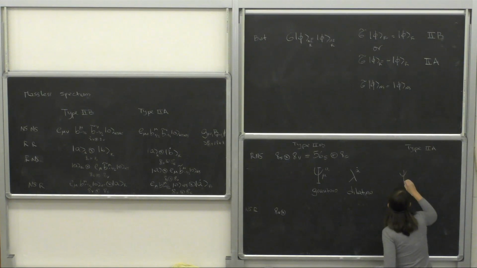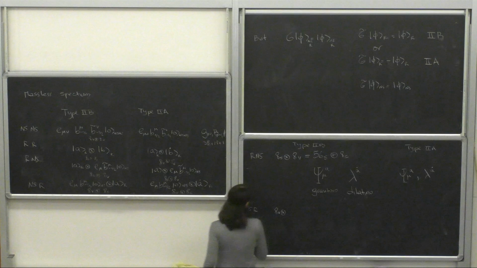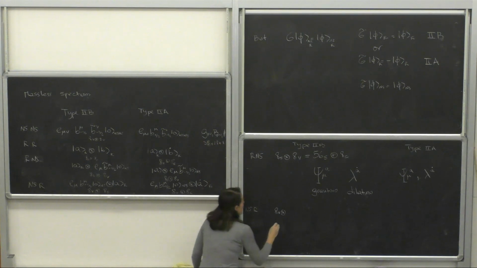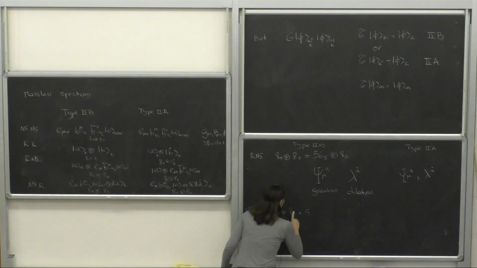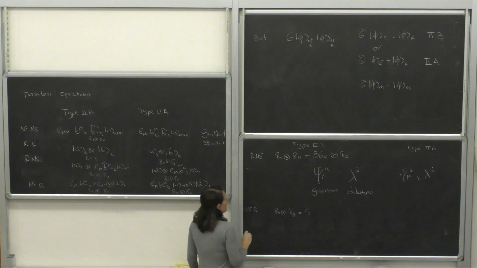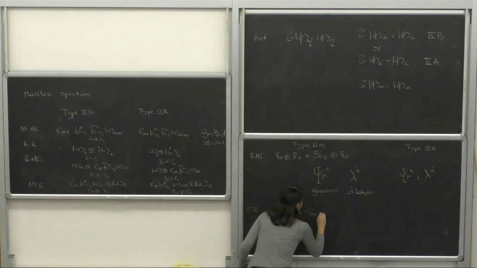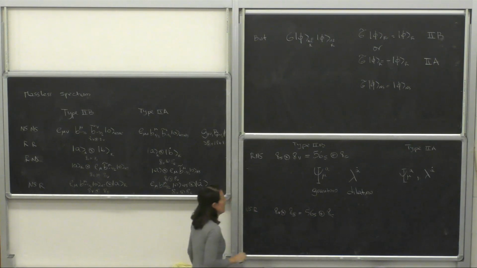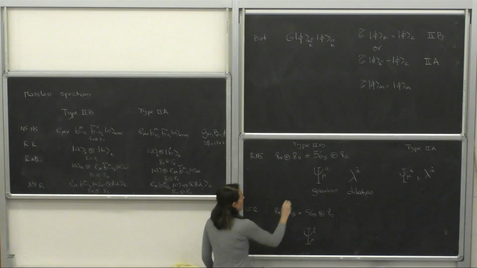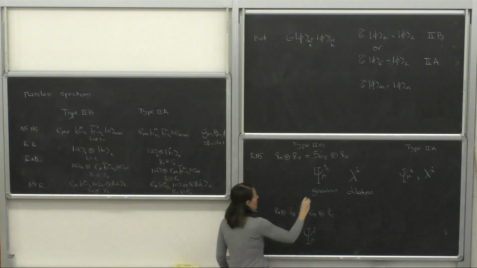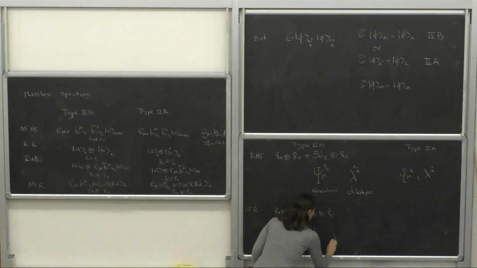So we also get a gravitino and a dilatino of the same chirality, while in the NSR sector we have 8V times 8C, times 8S in type 2B, and this is 56S plus 8C. So we have a second gravitino. So this psi mu A, and this let me call 2, and this I call 1. And we have a second dilatino.